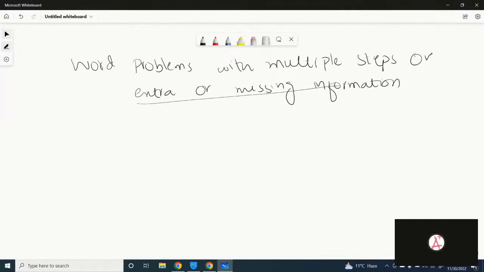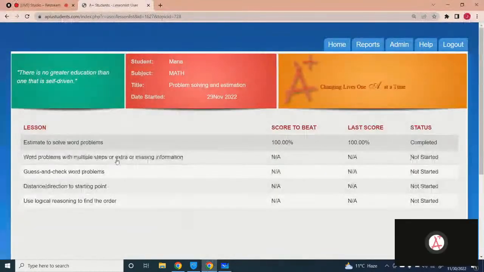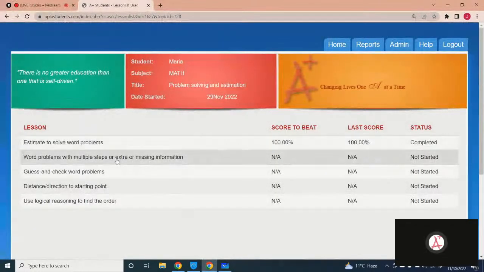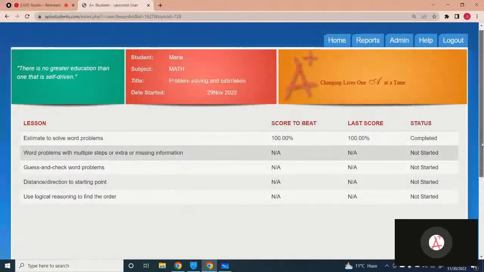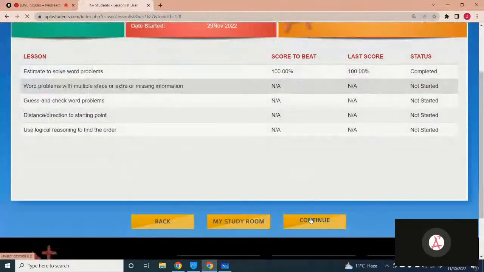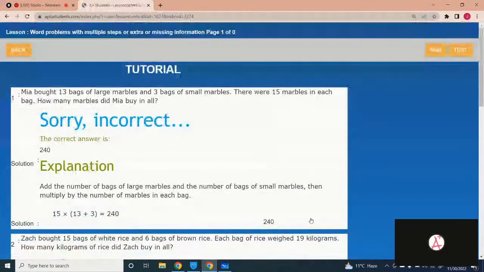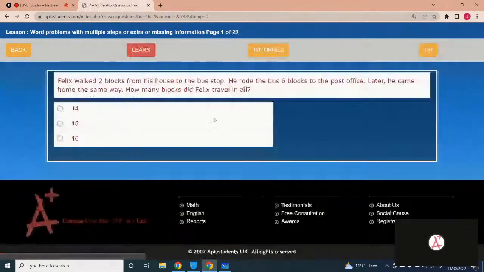Okay, let me just go to the lesson. Here is the lesson: word problems with multiple steps or extra or missing information. Let's start with the test. Okay, let's start with the test questions.